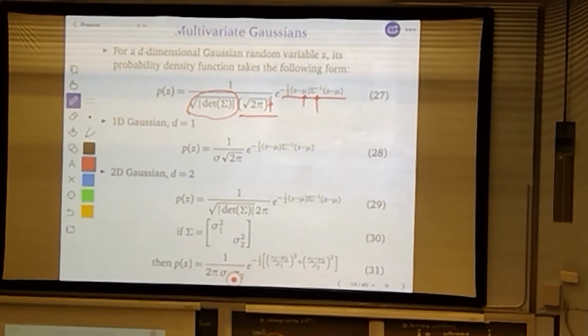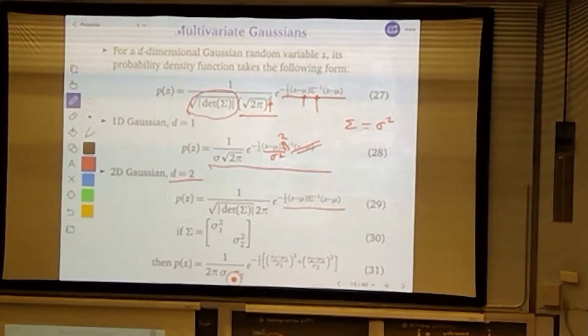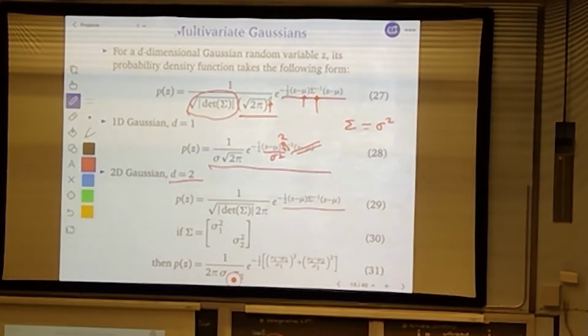And there are two special cases. When d equals 1, this is what we know of. In fact, it should be just this, simplified, because sigma just becomes sigma squared. And if d equals 2, the general form is this, but if it's diagonal, it's IID, it's this form we know of.